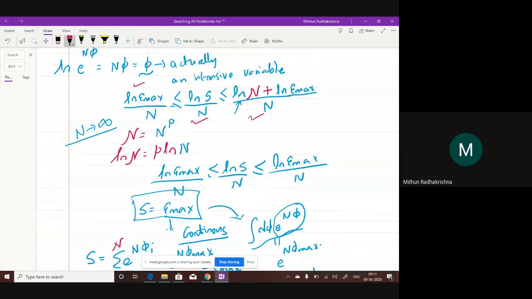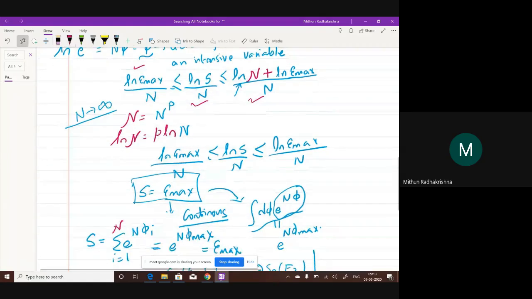Of course, even if I assume that the number of terms goes as some power of the number of particles, where the number of particles is of the order of 10 to the power 23, even if I assume I have infinite terms which go as n to the power p, as soon as I take log, ln of capital N is p times ln n. So this ln n by n in the limit as n tends to infinity will definitely go to 0, because n increases faster than ln n.